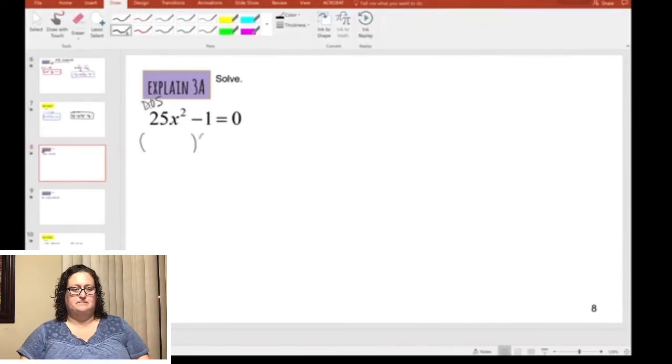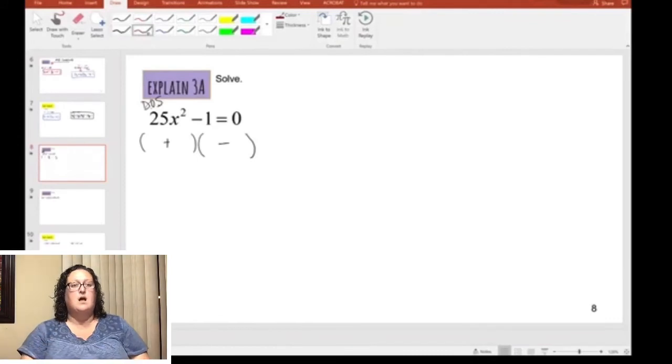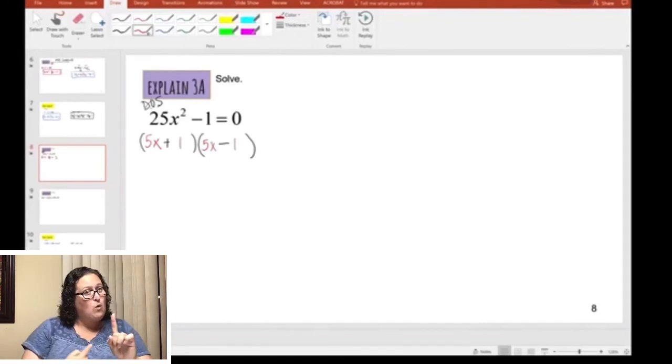So let's write out the factors. One's positive, the other one's negative. 25 is 5 times 5. X squared is x times x. Negative 1 is positive 1 times negative 1. So those are our factors.